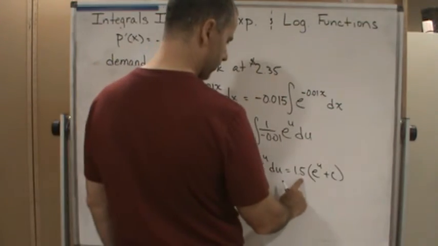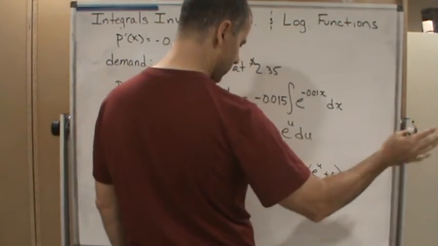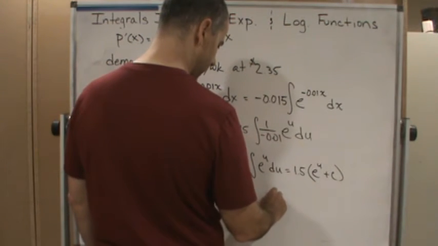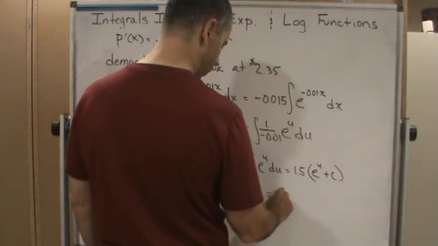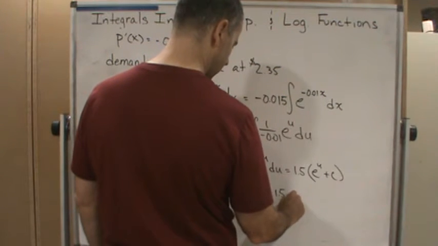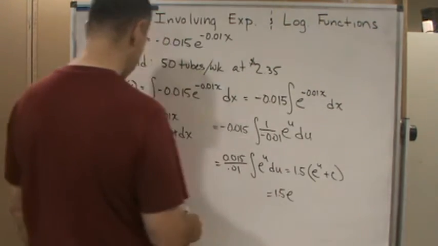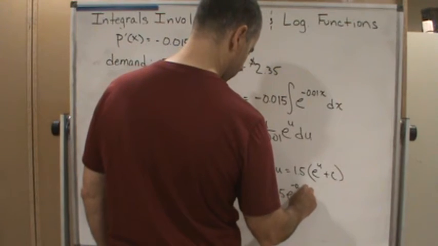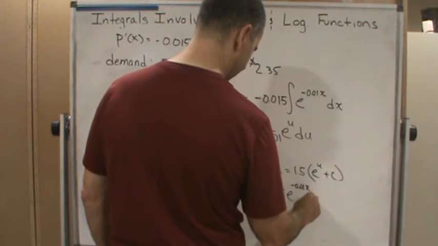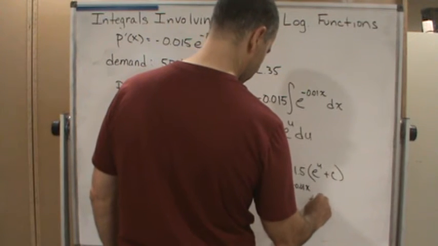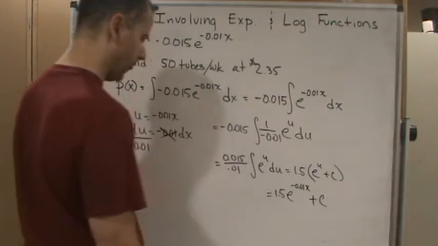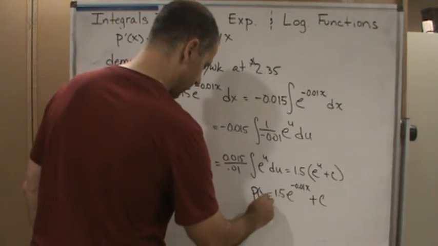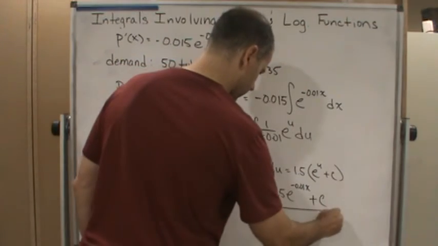If I distribute the 1.5 to the c, I'm just going to get another constant, so I'm just going to leave it unchanged. I'm going to end up getting 1.5 e to the u, which is negative 0.01 x, plus c. And there is my price demand function, P of x.